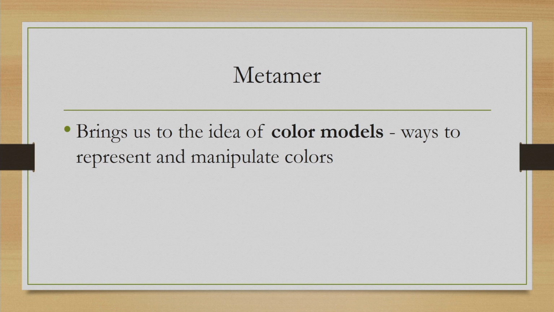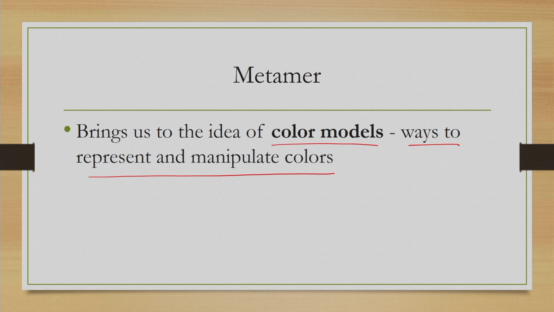Now, those sets are called color models. So, this brings us to the idea of color models: ways to represent and manipulate colors. The basic idea is that we have a set of basic colors using which we can generate different colors by mixing them in an appropriate way with an appropriate amount.